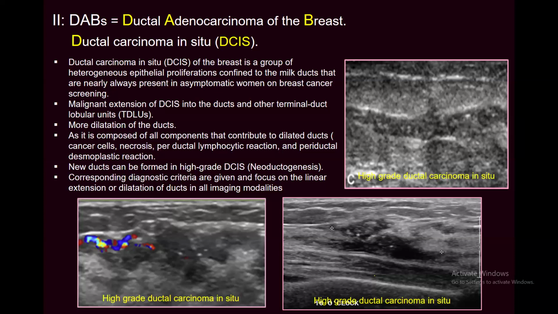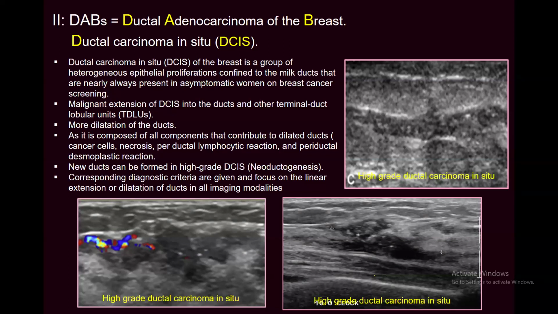Ductal carcinoma in situ here, as we mentioned, is a heterogeneous group of epithelial proliferation confined within the lactiferous duct, and nearly always present in asymptomatic women, most of the time detected on screening mammography as calcifications.